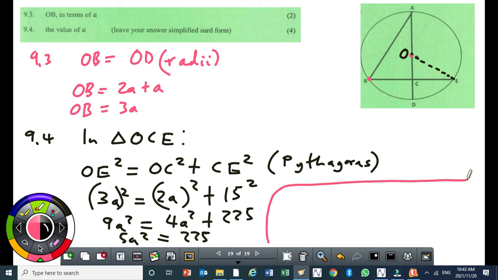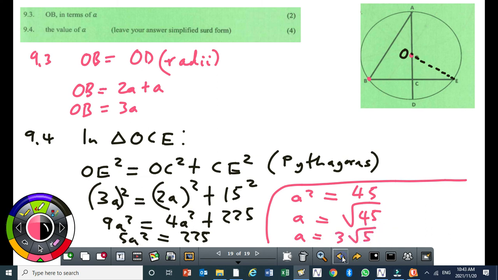Then we divide both sides by 5, so we get A squared equal to 225 divided by 5, that's 45. Okay, so A is going to be the square root of 45, which is the same as square root of 9 times 5, so that will be 3 square root of 5 units.